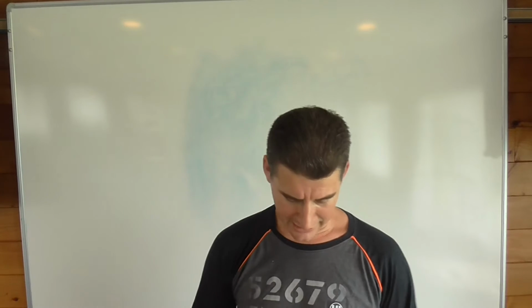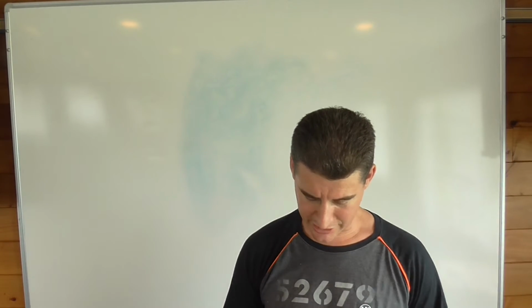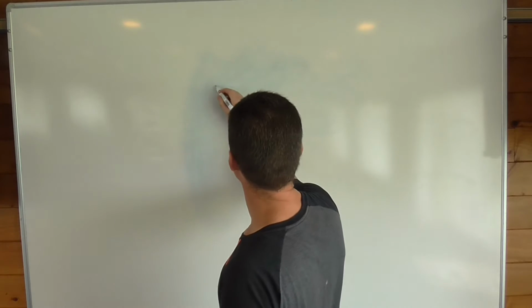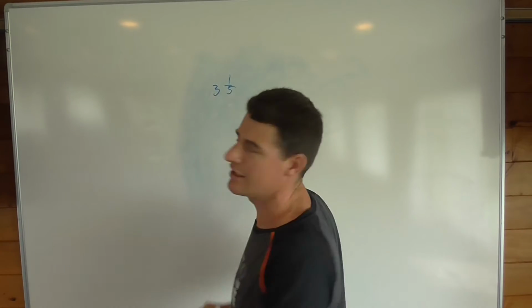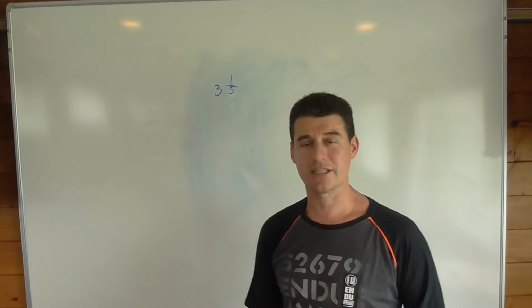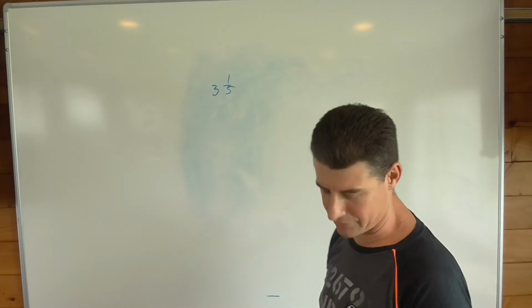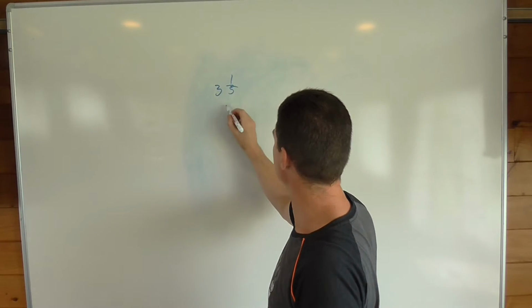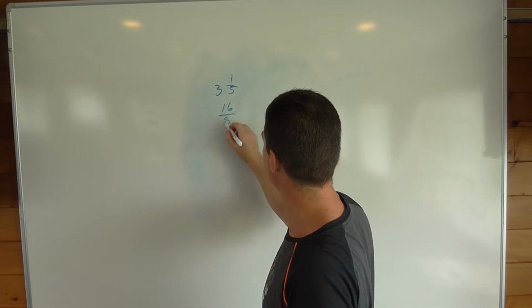All right. Now to convert a mixed fraction to a percentage, it's the same way. So you've got 3 1/5. First you've got a mixed fraction, so now you have to convert it into an improper fraction. So 3 times 5 plus 1 is 16 over 5.